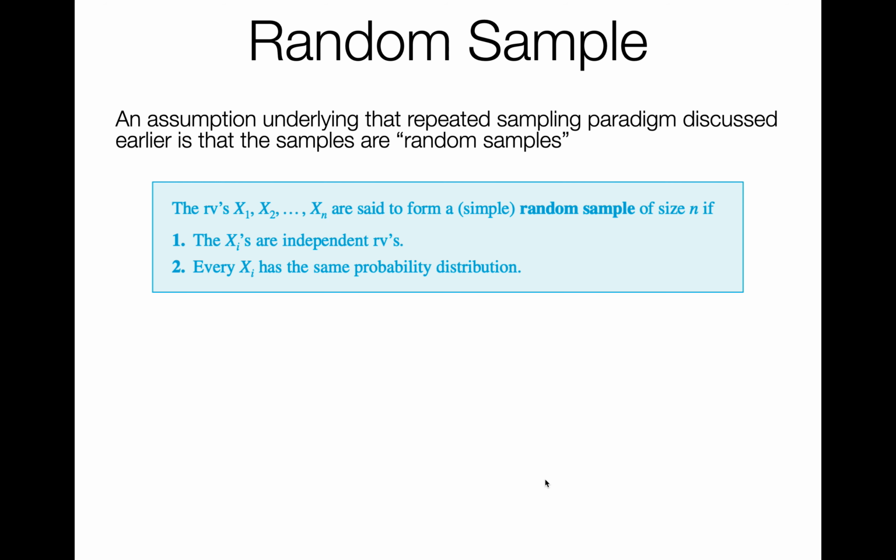Okay, so that would mean if I'm looking at GPAs and I'm selecting people randomly to ask their GPA on campus, that would mean that the GPA of the first person that I asked should be independent of the second person that I ask, and that is likely true. And then the second part is that each has the same probability distribution.